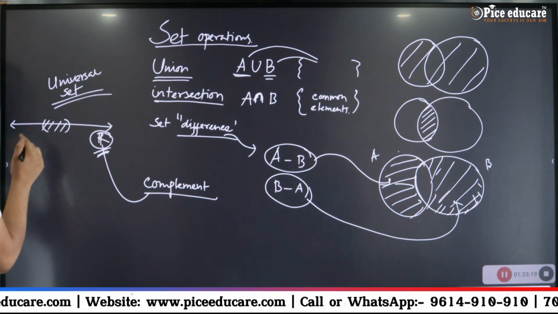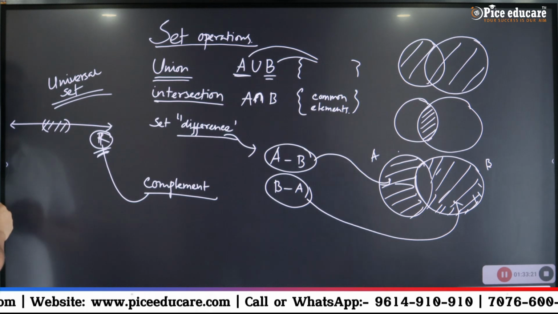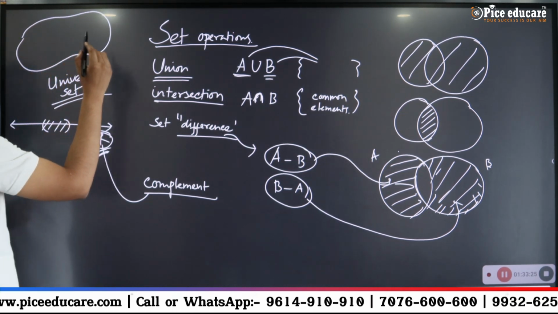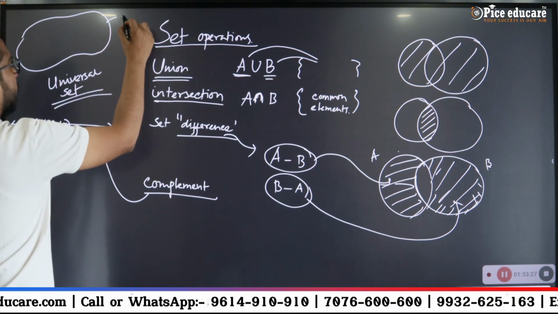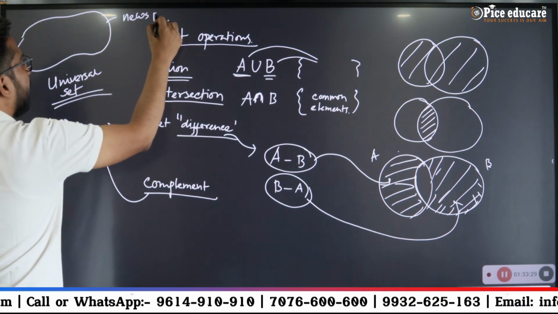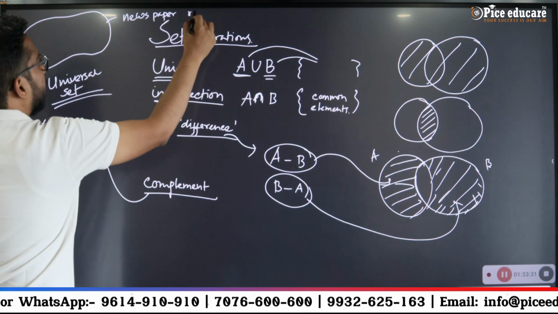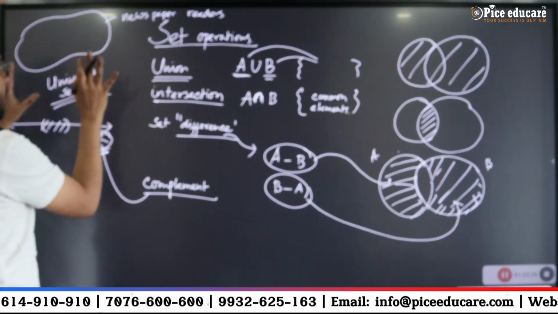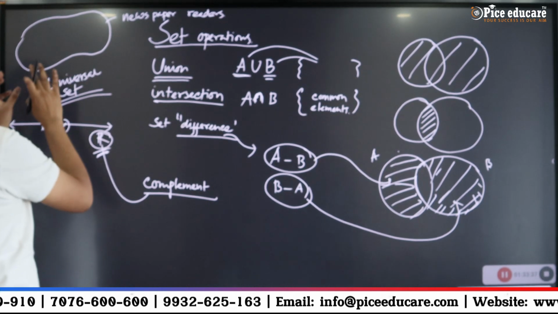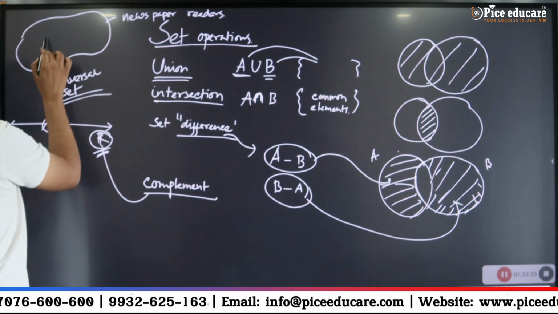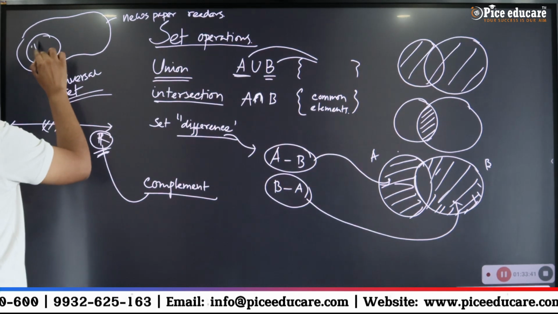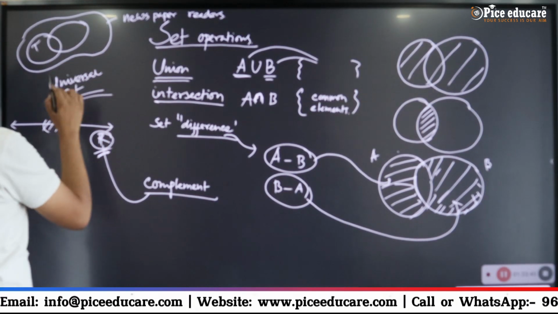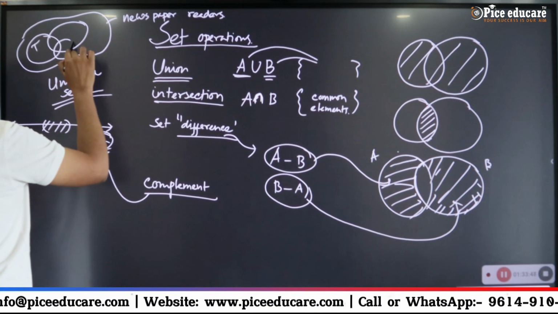Okay, so for example, all newspaper readers. This is a set of newspaper readers. This is the universal set within the context that I am talking about, maybe I am talking about Telegraph, maybe Anand Bajar, maybe Times of India.